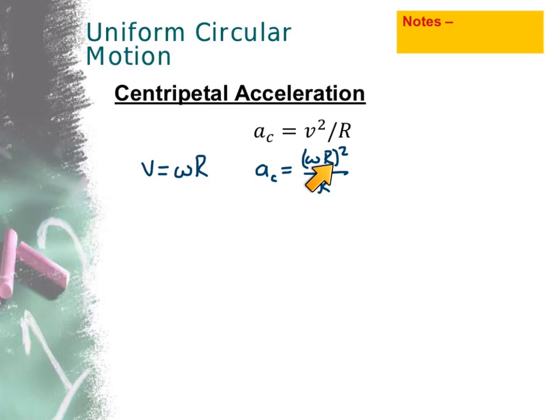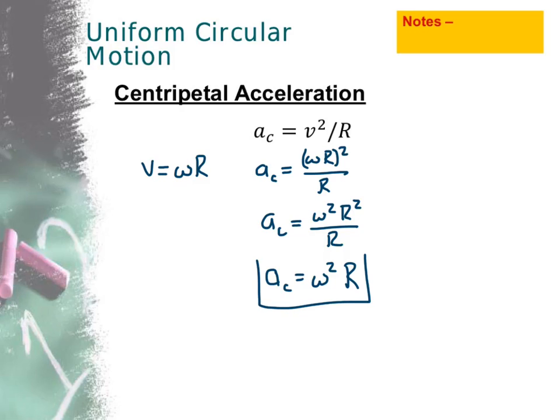Now I want to expand this out. So centripetal acceleration equals omega squared r squared divided by r. Notice that I have r squared on top and r in the denominator. So one of those r's will divide out, and now we have centripetal acceleration equals omega squared times r.